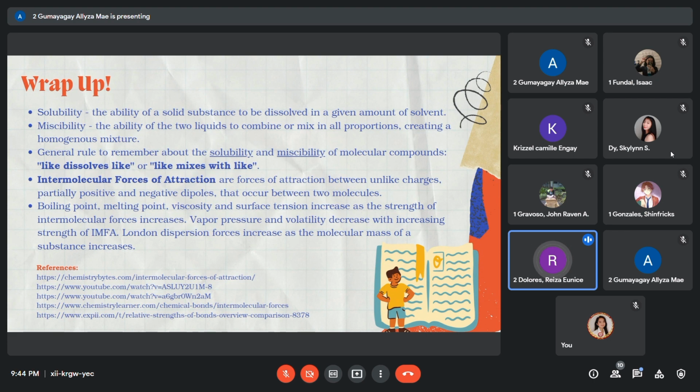Intermolecular forces of attraction are forces of attraction between unlike charges, partially positive and negative dipoles, that occur between two molecules. Boiling point, melting point, viscosity, and surface tension increase as the strength of intermolecular forces increases. Vapor pressure and volatility decrease with increasing strength of IMFA. London dispersion forces increase as the molecular mass of a substance increases.